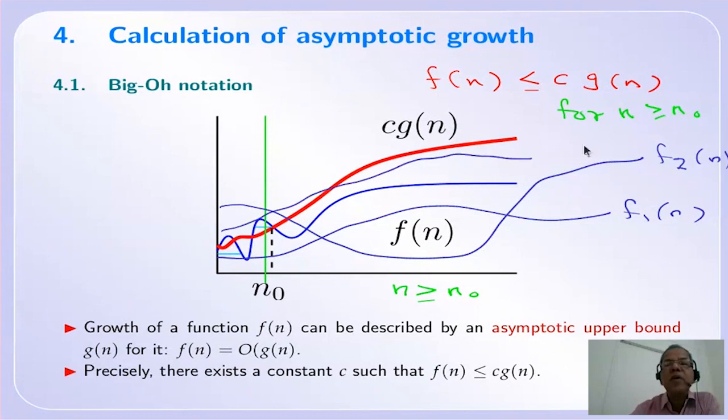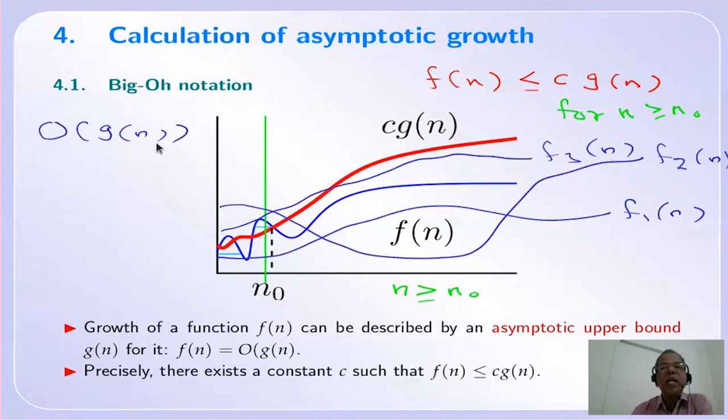This may be yet another function, f3 of n. g of n is an upper bound, asymptotic upper bound for f1 of n, f2 of n, f3 of n. So this big O of g of n actually does not refer to a single function. It refers to the set of all functions which are below c times g of n. Our own f of n is one among these f1, f2, f3.